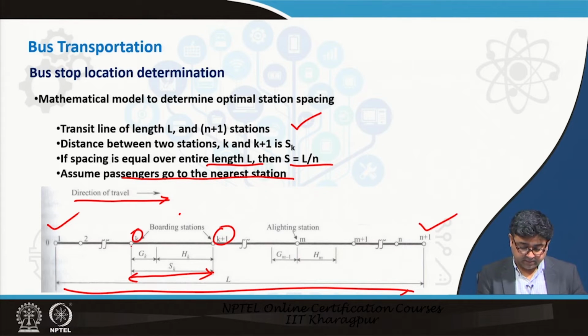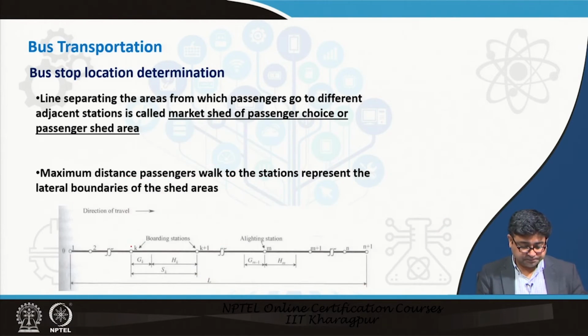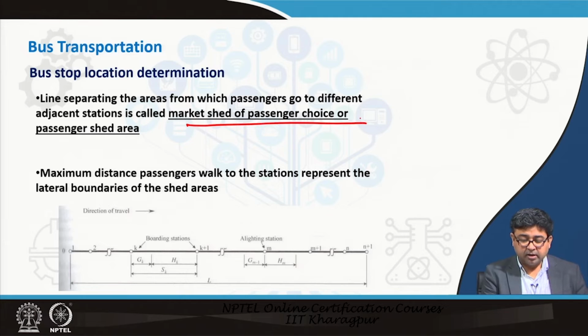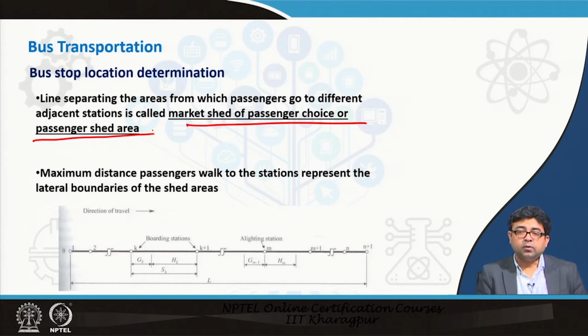Now, the first step is to determine the market shed of passenger choice, which is called the passenger shed area. You see this line here demarcating the spacing between the 2 stations k and k plus 1 by what is called g_k and h_k.